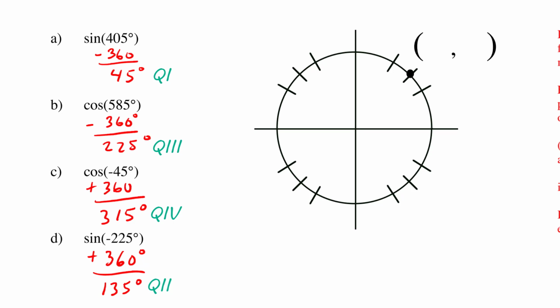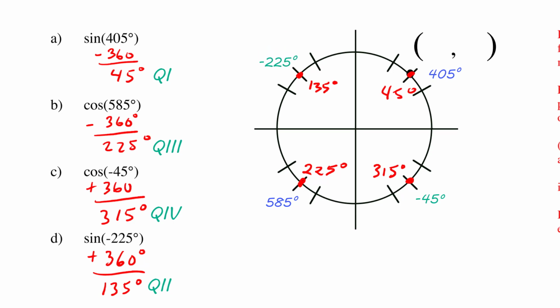Let's go ahead and mark up each of those measures in the unit circle. So 45, 225 degrees in quadrant 3, 315 degrees in quadrant 4, and 135 degrees in quadrant 2.